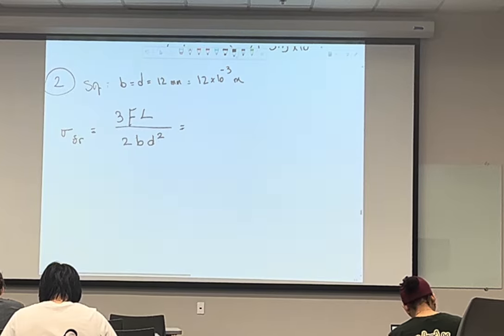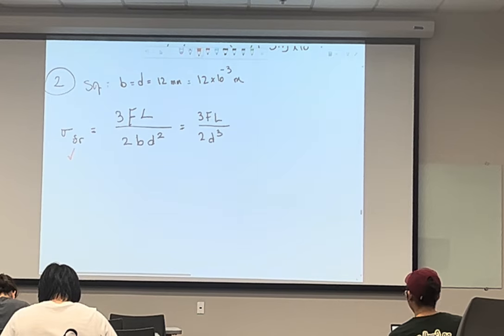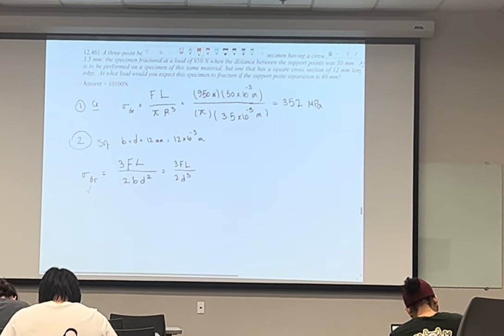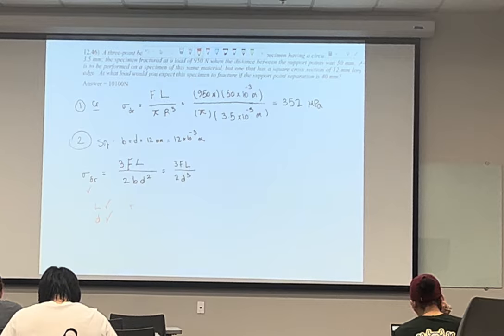Since B and D are equal, we can write it down as this. Here, we know the strength we calculated from the first test. We know L, the length we are given, which is 40 millimeters. We know D, the dimension of the square. And we are looking for the force.